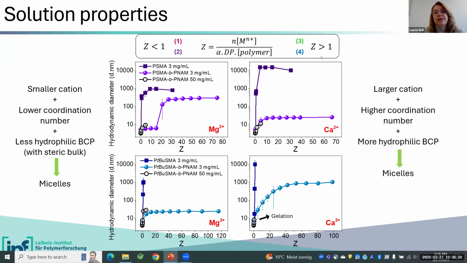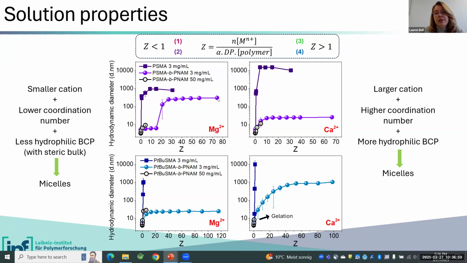Above a Z ratio of 1, you should have fully screened all of your charges. Generally this would result in precipitation for the SMA or tert-butyl SMA copolymers, and self-assembly or precipitation for the block copolymers. And as you can see for the SMA acrylomorpholine block copolymers, you have improved tolerance when you apply higher concentrations of polymer, because it evens out your Z ratio.